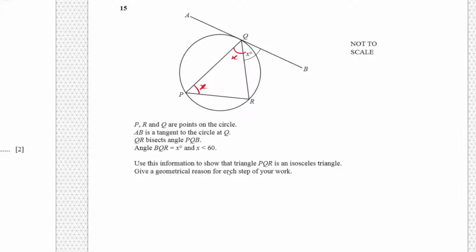Now let's prove it. Let's give them reasons. So we can say, angle PQR equals x, because QR is the bisector.